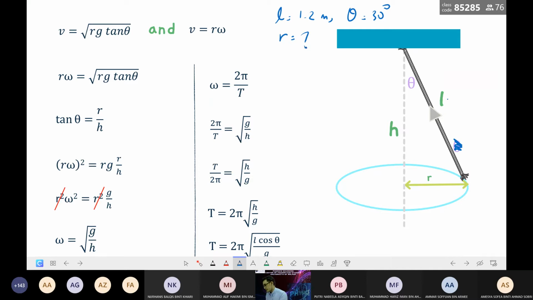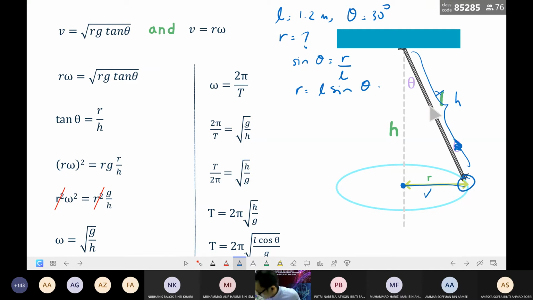We know that L is the hypotenuse, and R is the opposite, so we can use sine. So sine theta is equal to opposite, which is the radius, over hypotenuse, which is the length. So our radius is equal to L sin theta. Like tutorial question five. Radius is not the same as length, so don't be confused. Radius is always the one from the ball pointed to our center. The center is here. Okay, that is one.